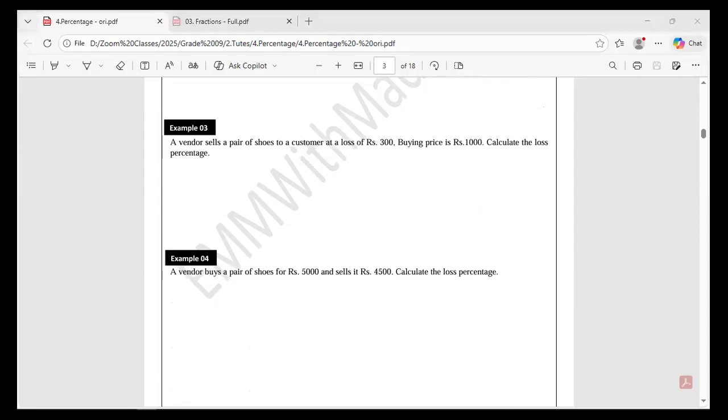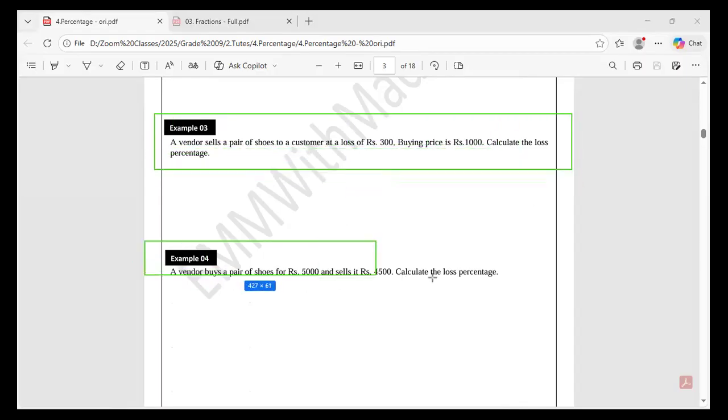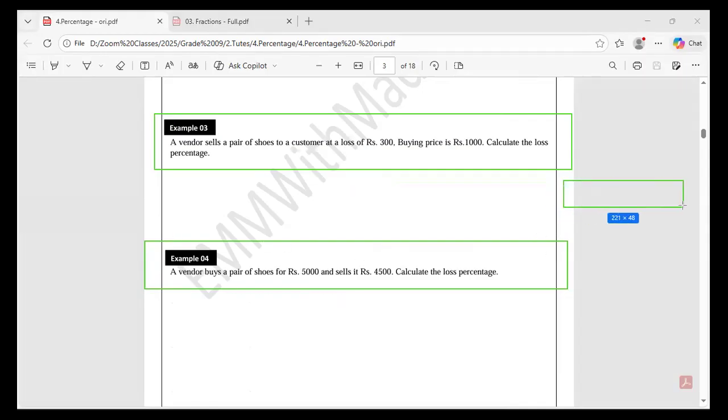Try to do it, then I will discuss. Send me the answers in a single message by putting a comma: first answer, comma, second answer, so that I can identify who finishes first.